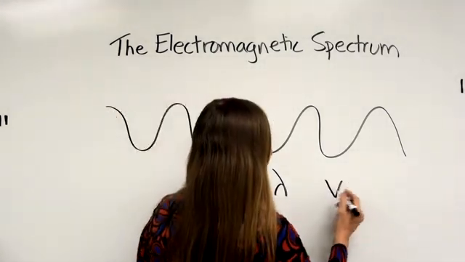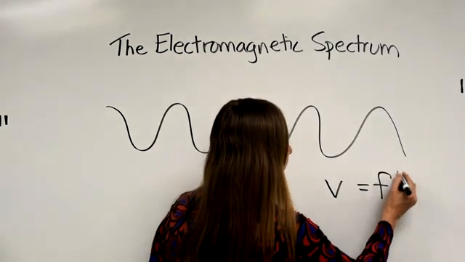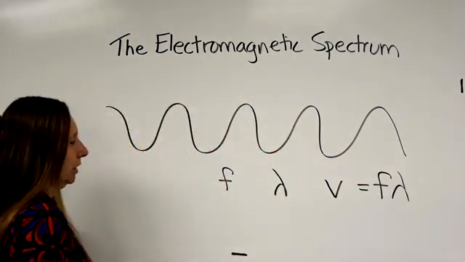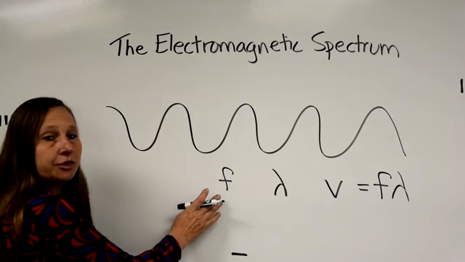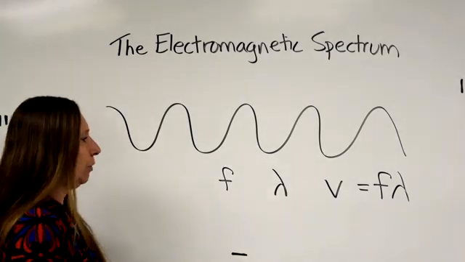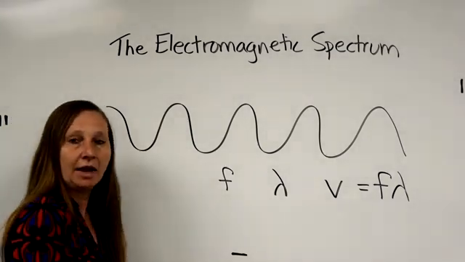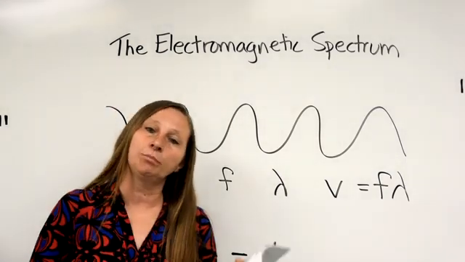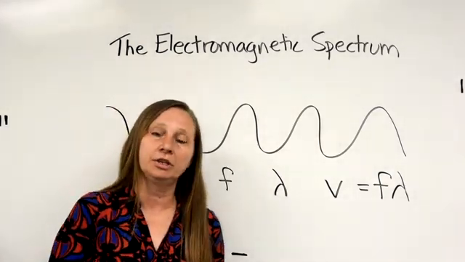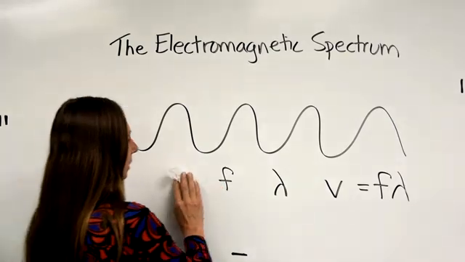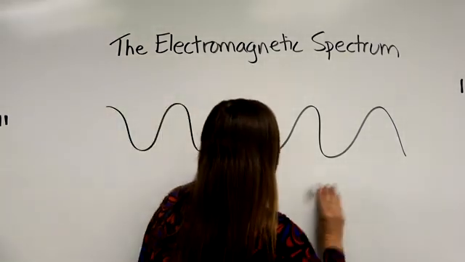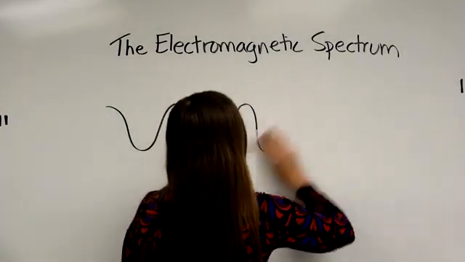The speed of the light, v, is equal to the frequency times the wavelength. That's when it's acting as a wave. Light can also act as a particle, but that won't come into this discussion as much.